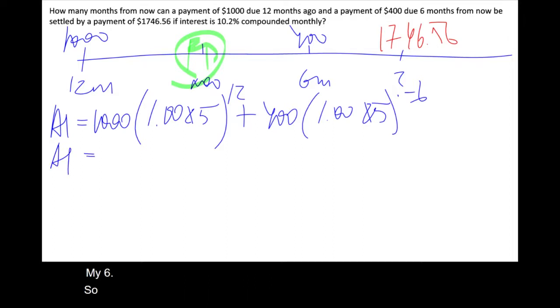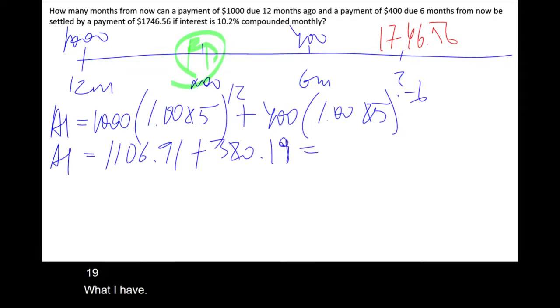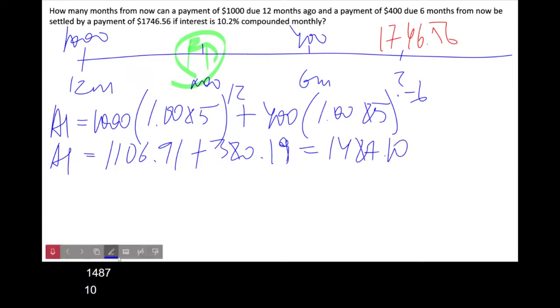So A1 is 1.0085 exponent 12 times 1,000, 1106.91, plus 380.19. So 1106.91 plus 380.19 is 1487.10. So that's agreement 1.